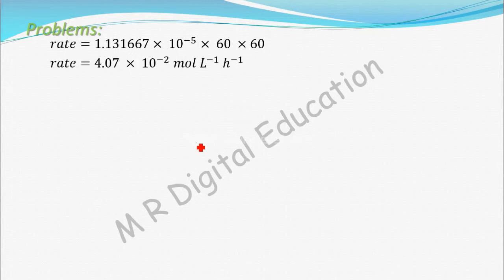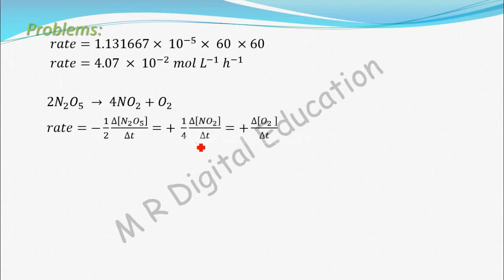Now the second part of the problem is to calculate the rate of production of NO2. For that, consider this rate equation. Delta NO2 by delta t is nothing but the rate of production of NO2. Rate is change in concentration divided by change in time, so the rate of production of NO2 is change in concentration of NO2 by change in time.